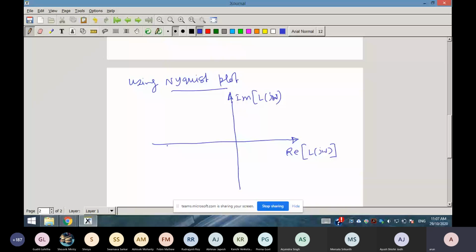The loop transfer function Ls is Gs into Cs or Cs into Gs. For a SISO system, Gs into Cs equals Cs into Gs, it does not matter. The Nyquist plot for this Ls will be like this if you draw it. Please check it, I'm just drawing.